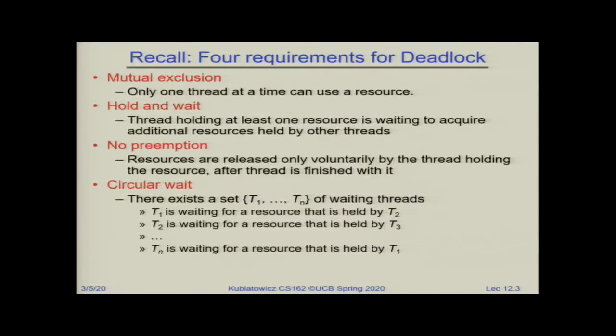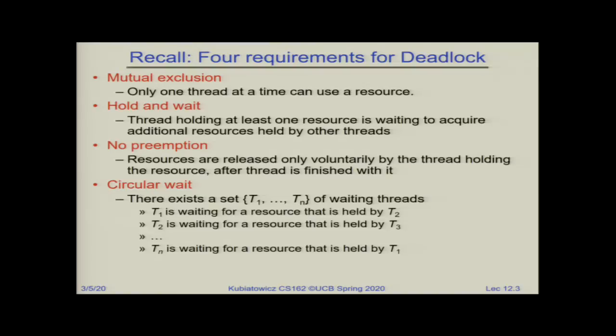So we talked about four requirements for deadlock. These are necessary conditions. They're not sufficient. The only way you can have deadlock is if you have mutual exclusion, where only one thread at a time can own a resource. Hold and wait, where a thread holding at least one resource is waiting to acquire an additional resource that's held by a different thread.